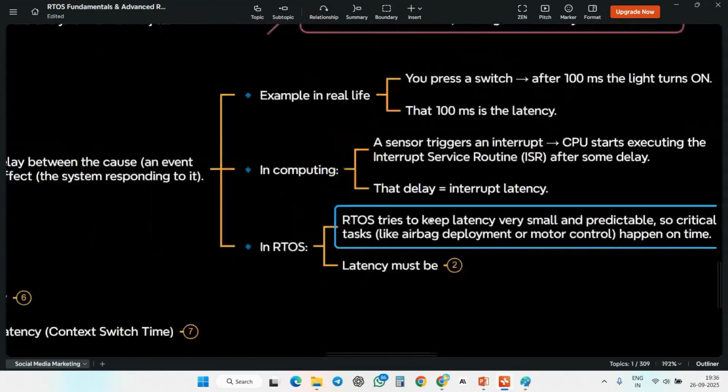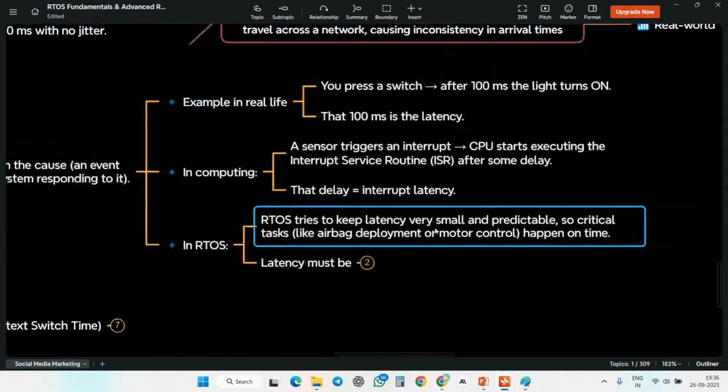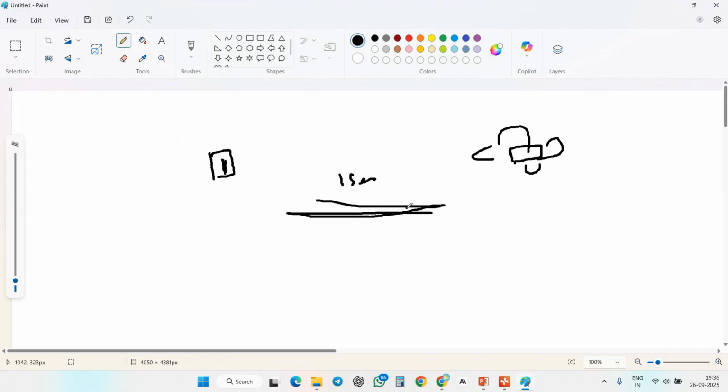In an RTOS, your latency should be very, very small. Because in the example I told you, when I press the switch the fan turns on after 1 second, that is a big latency. If that happens in an RTOS, it is a disaster.